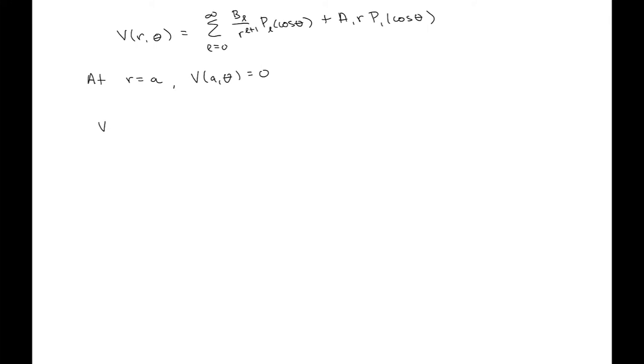Let's write that out. Lots of sums here. I'm replacing all of the r's with a's because that's where I'm evaluating the potential for this boundary condition. So that's what I'm given, and I know this all has to be equal to 0.